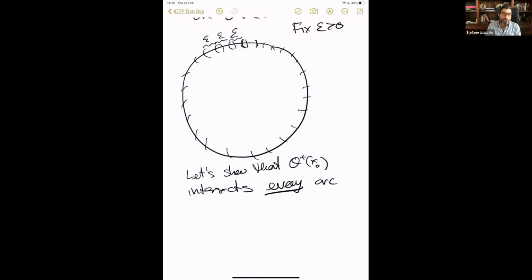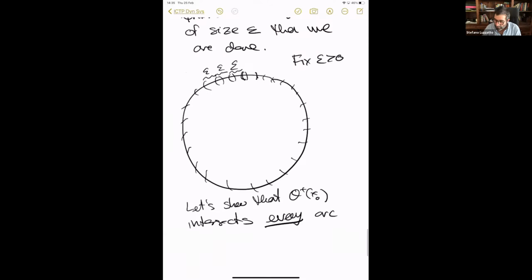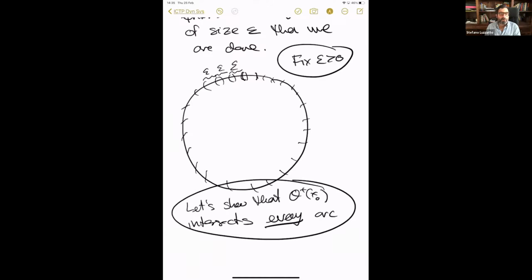So we fix epsilon, and we show that the orbit intersects every single arc. Because epsilon was arbitrary, if we can do it for one epsilon, we can do it for any epsilon, and then we have shown the proposition.